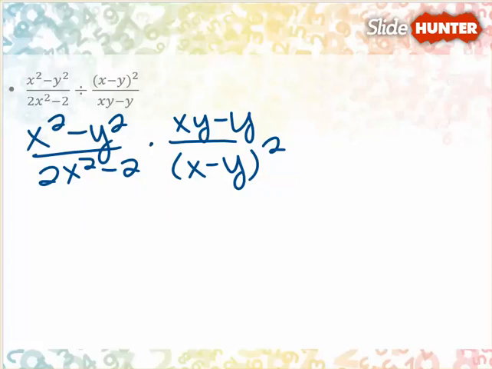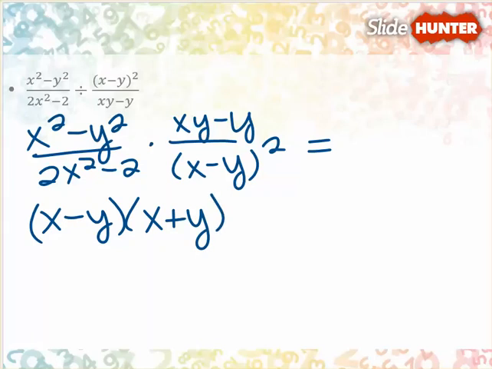Now I need to go ahead and see what I can factor. X squared minus y squared. That's the difference of perfect squares. I can factor that as x minus y times x plus y. On the bottom, 2x squared minus 2. I see I have a common factor. I can divide everything by 2.